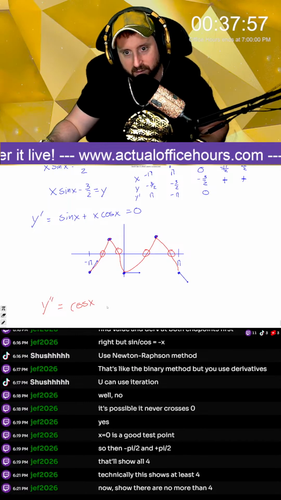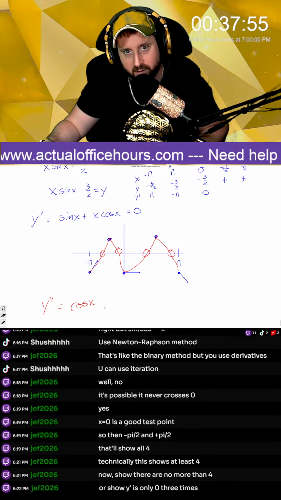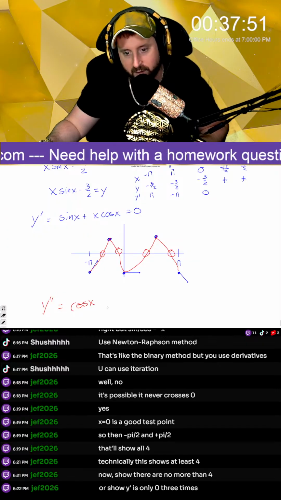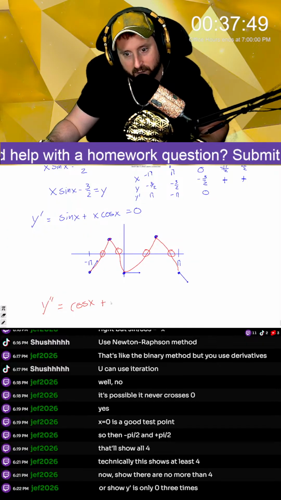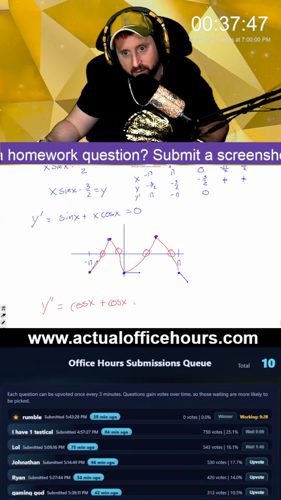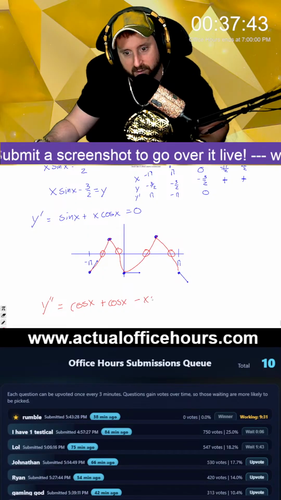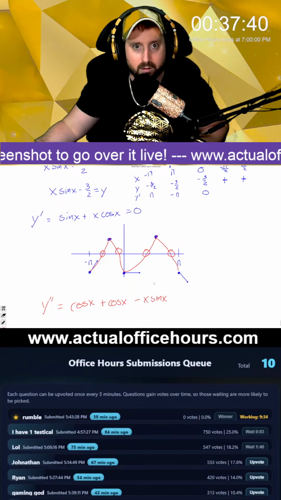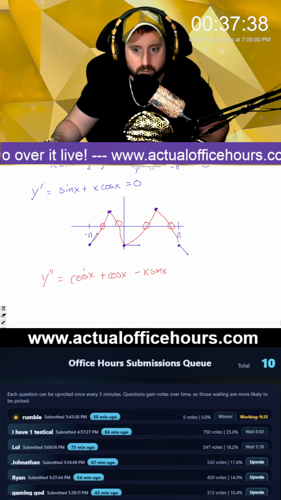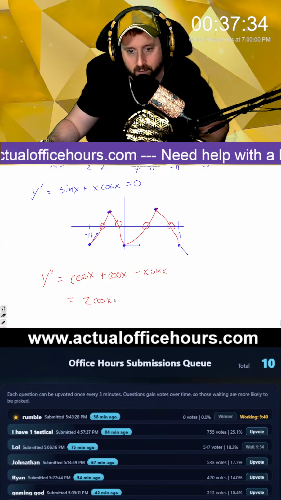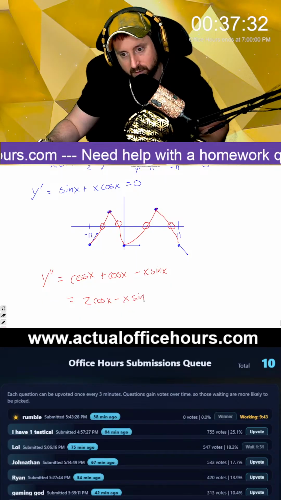That's cosine of x. Yeah, exactly, that's what we're going to do. So that's cosine of x, and then plus cosine of x, and then minus x sine of x. And so that's 2 cosine of x minus x sine x.